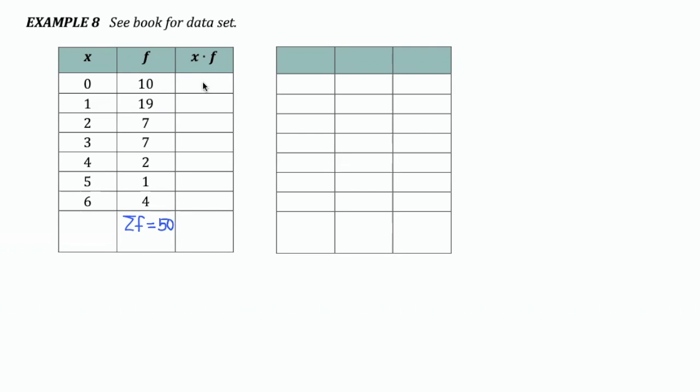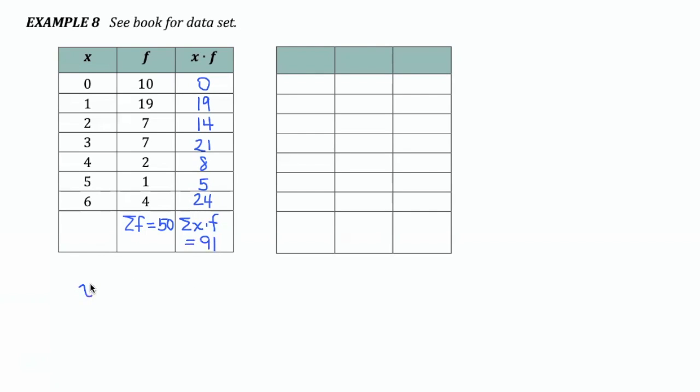And in order to find the mean, I need to multiply each piece of data times its frequency so it's weighted appropriately. That's why you see an x times f column here. So I'm going to take 0 times 10, which is 0, 1 times 19, etc. And I'm going to sum up this product column, and that'll be 91.